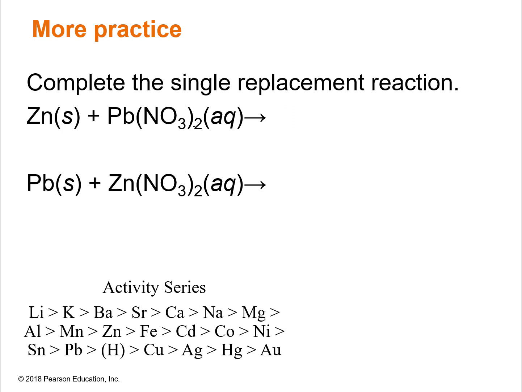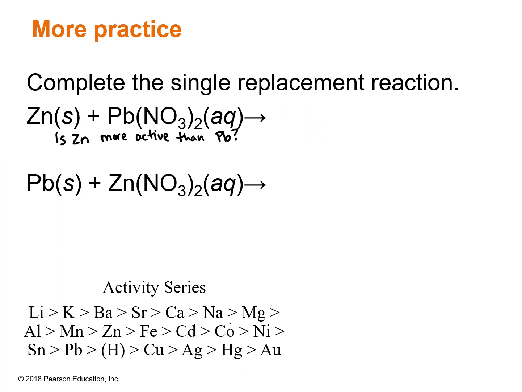What this is asking is, is zinc more active than lead? The lead is in solution. If zinc is more active, i.e. it comes before lead on the activity series, then we'll see a reaction and we'll switch the ions.